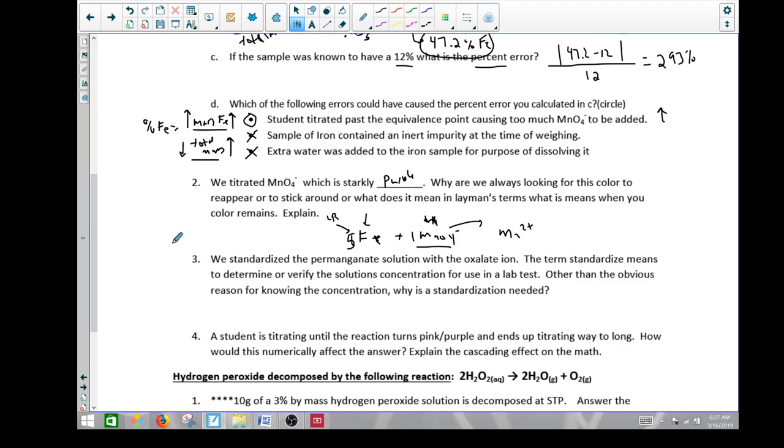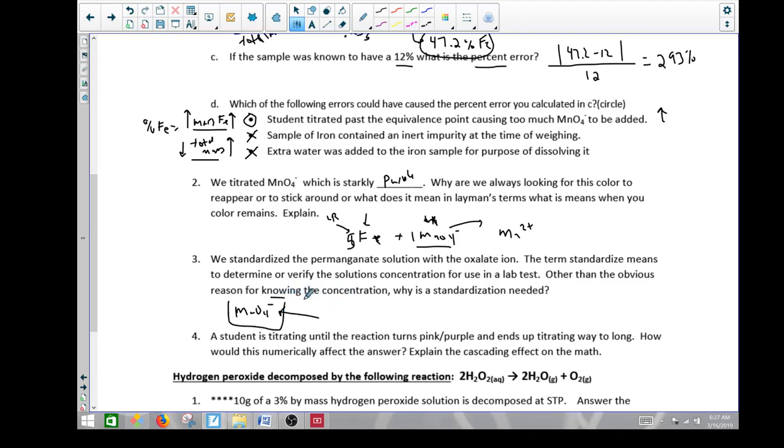Other than the obvious reason for knowing the concentration, why is a standardization needed? All right, so we're testing this thing with the MnO4 negative. And this stuff has been sitting on the shelf for a while. So we want to make sure that the actual concentration is what the concentration says it is.